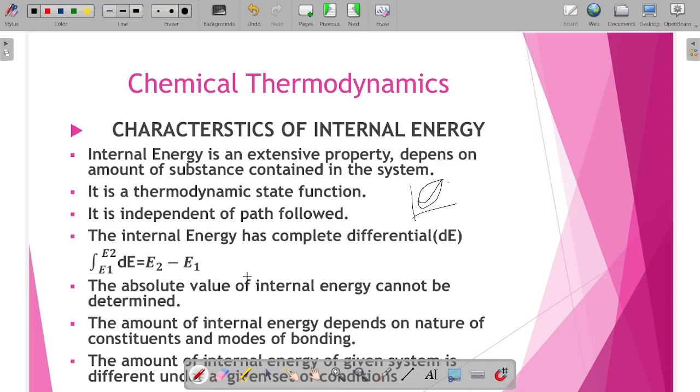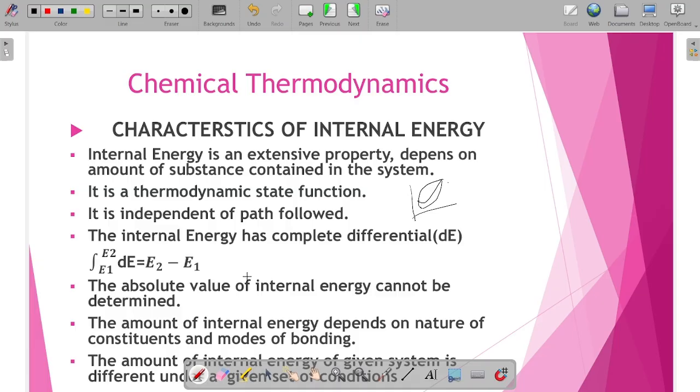So the internal energy is fixed if the set of conditions is fixed, then the internal energy has a certain value. The conditions are pressure, volume, temperature. If these are varied, then the internal energy will be different.